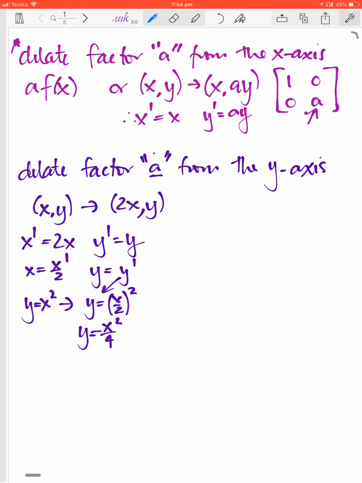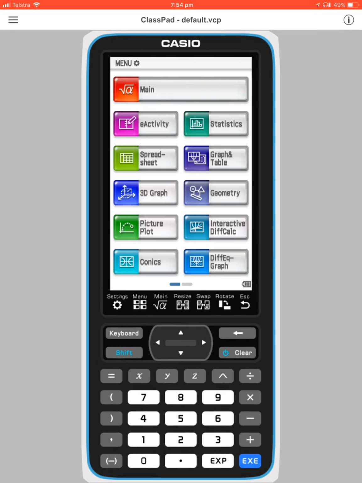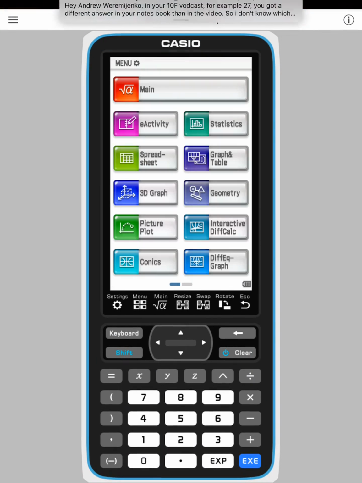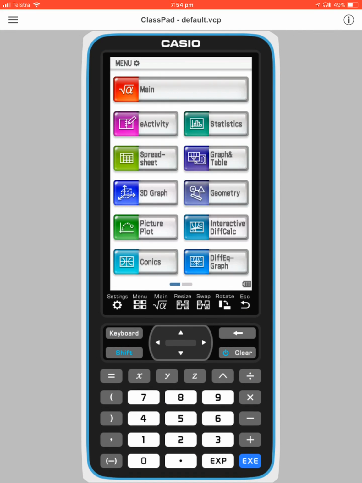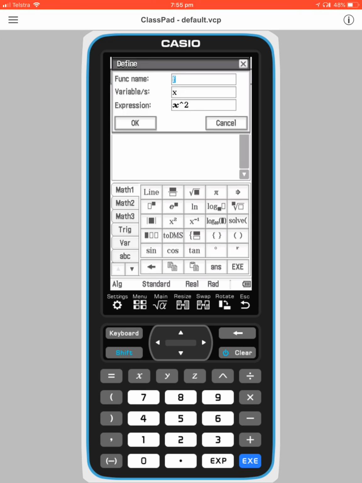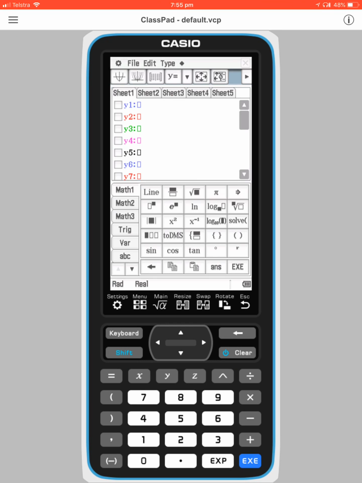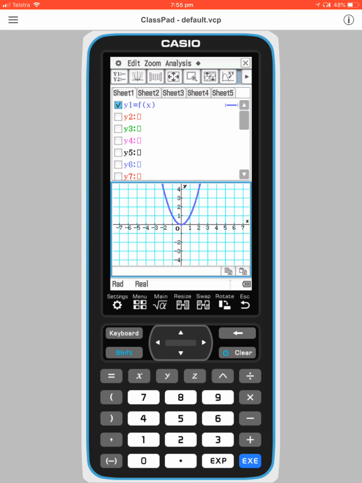Now I'm going to show you graphically how it looks. If we define x squared as f of x, and go into graph and table, f of x sketches our graph.